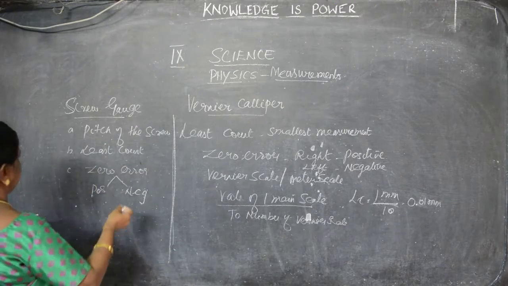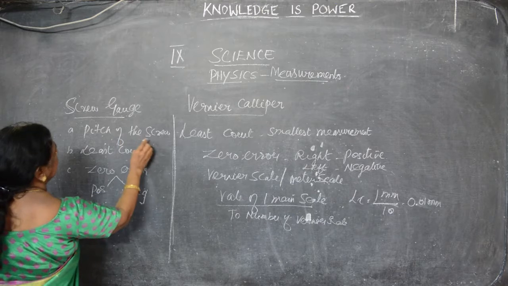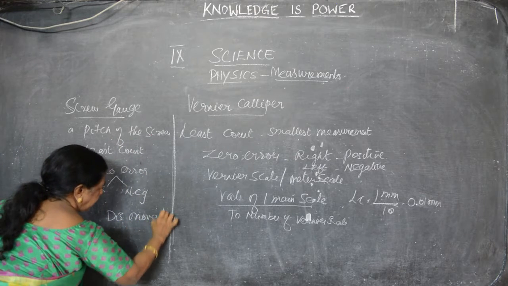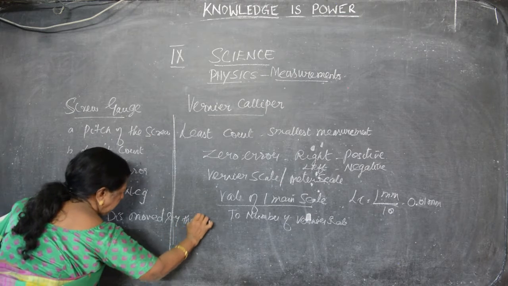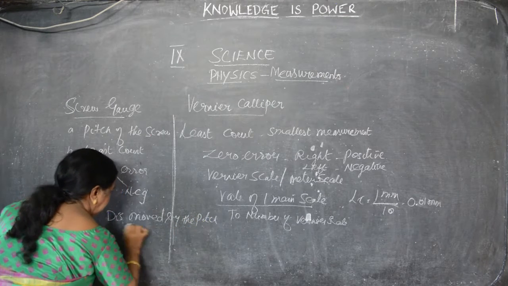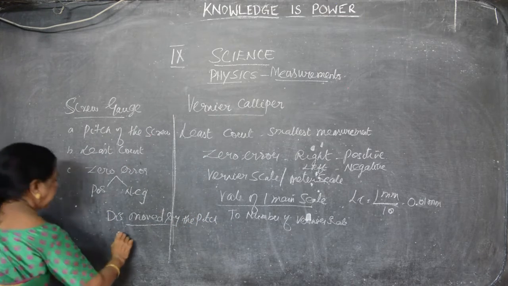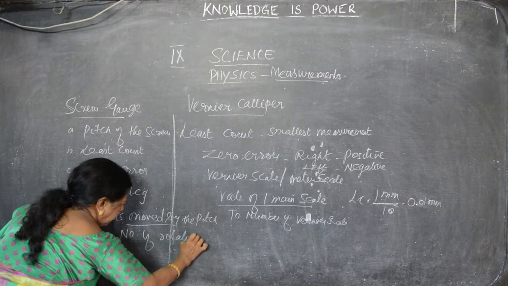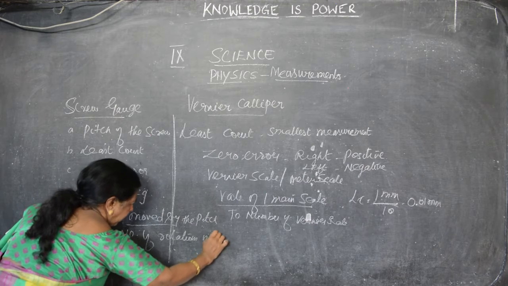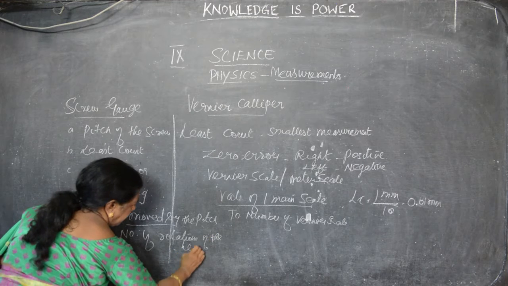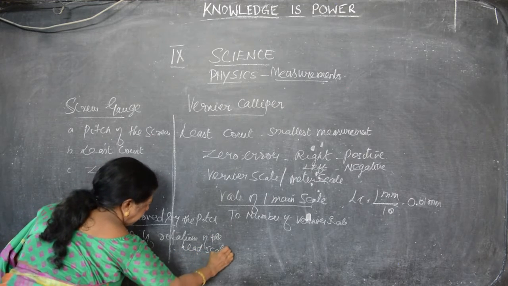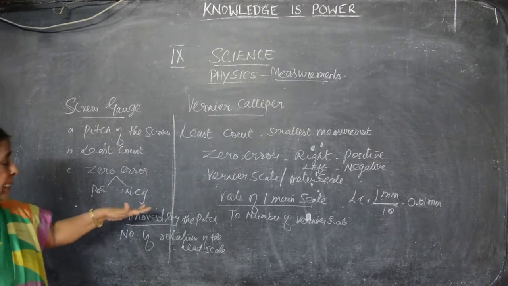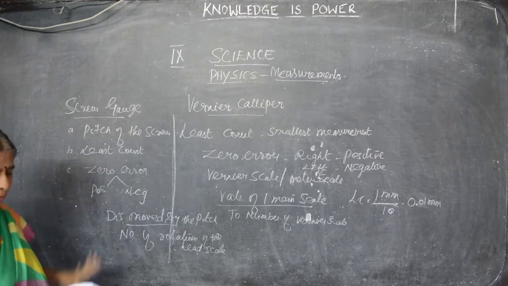Distance moved by the screw, divided by the number of rotations of the head scale. Okay, distance moved and number of rotations of the head scale. By using this, we can find out the pitch of the screw.